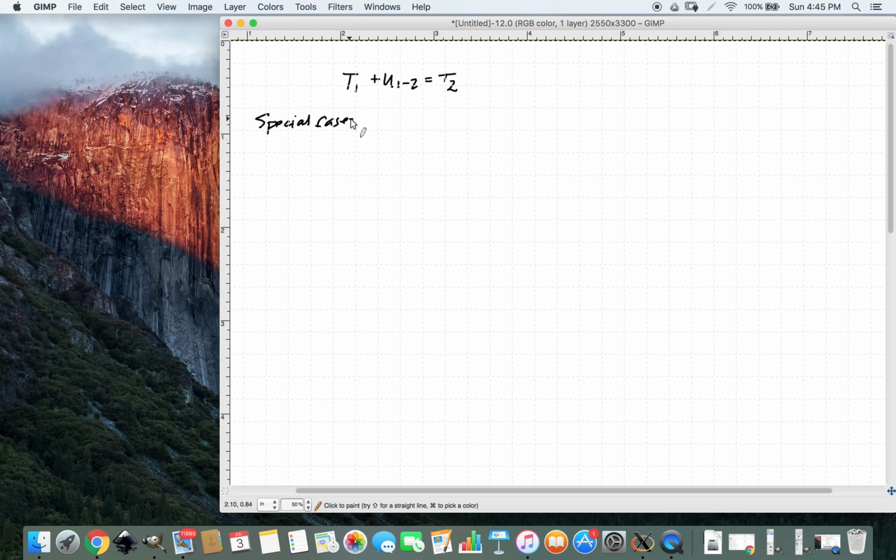Okay, special case where we are dealing with Coulomb friction. So let's suppose we have a block sliding over some surface, some slightly rough surface. In the time interval from time 1 to time 2, this block advances.